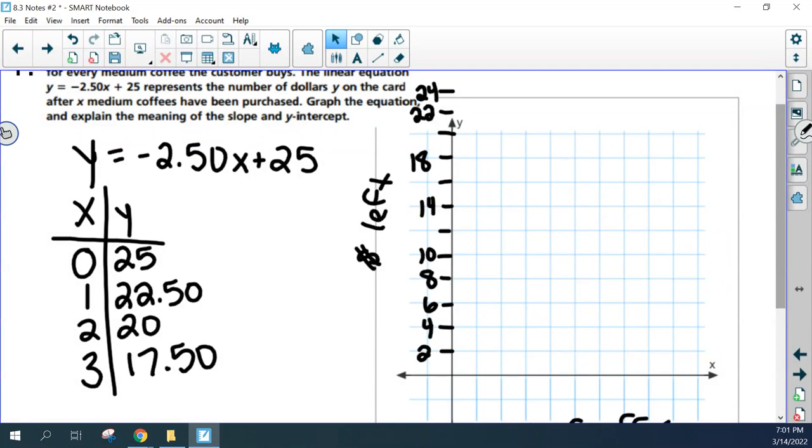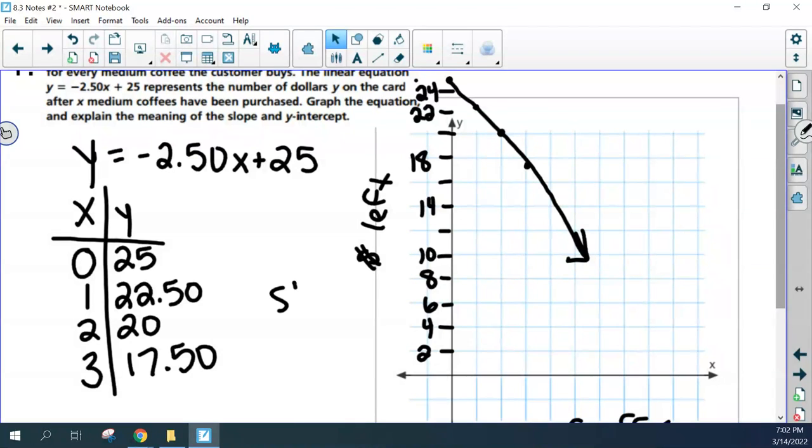Okay, and then I need to graph it. Okay, so this is going to have a straight line going down with just one arrow because I couldn't have negative coffees.